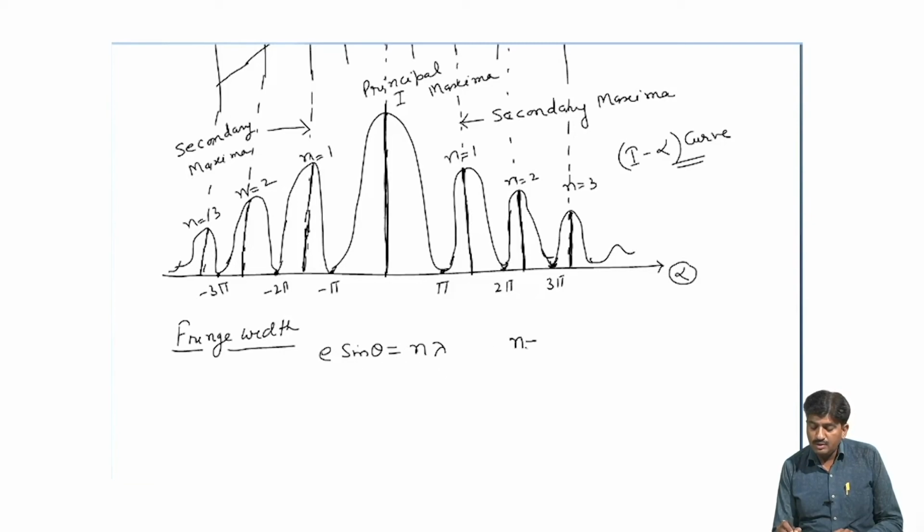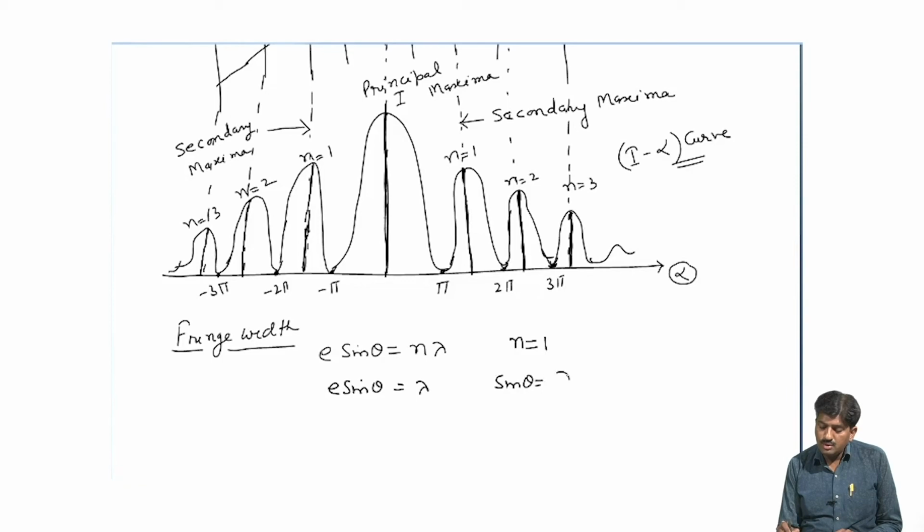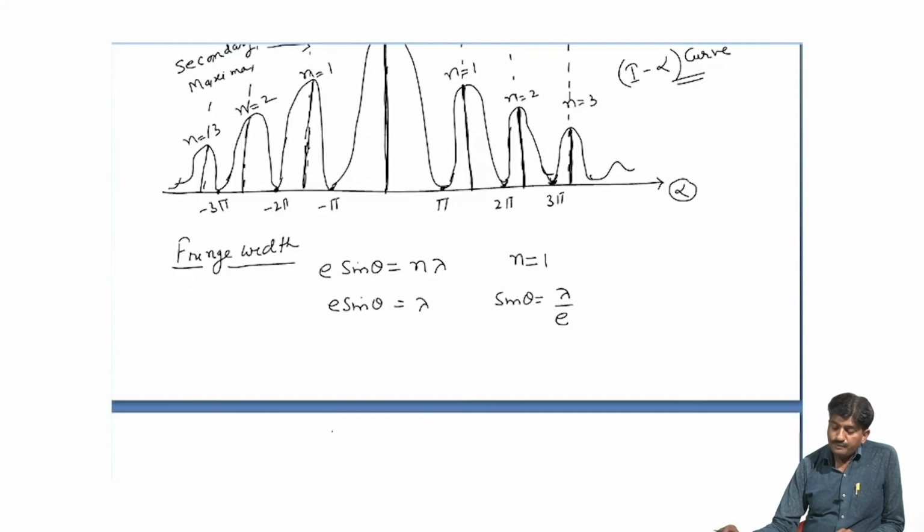If we discuss the first order, then n becomes 1. It means e sin theta equal to lambda, and the value of sin theta becomes lambda upon e.